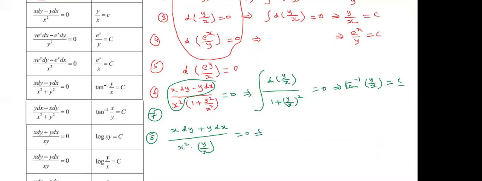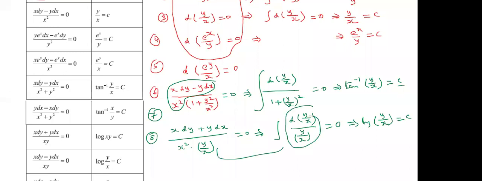So finally we can write integration derivative of y by x divided by y by x. This is in the form of integration f dash of x by f of x. So what will come? Logarithm of y by x is equal to c. These are the short forms.